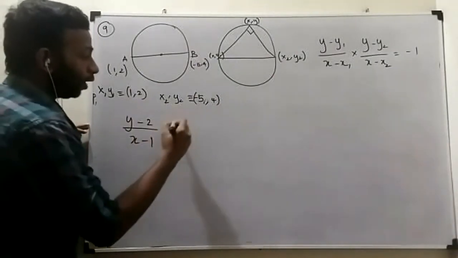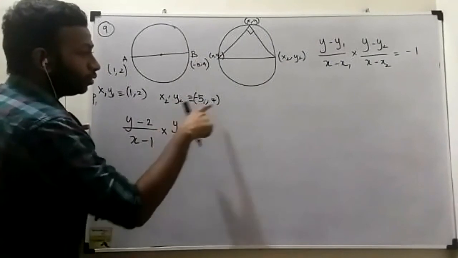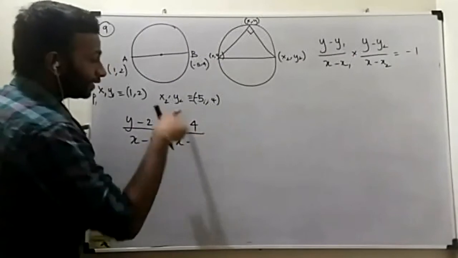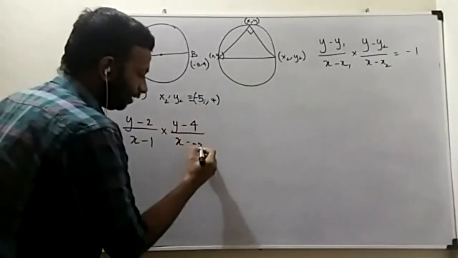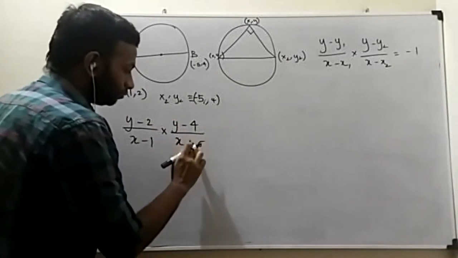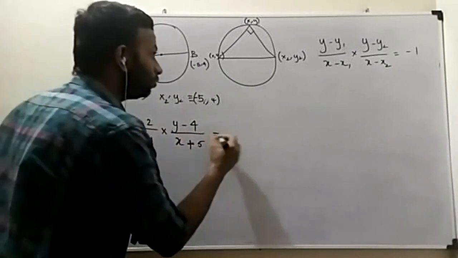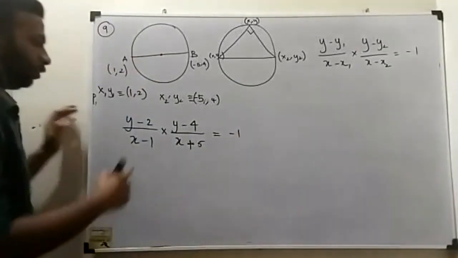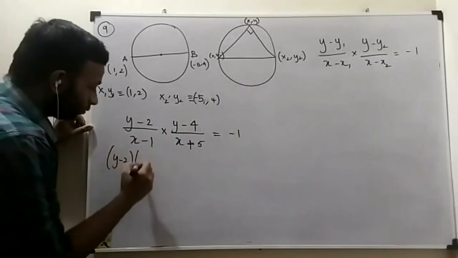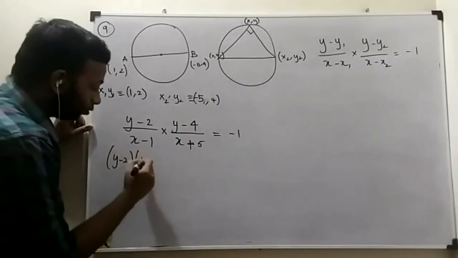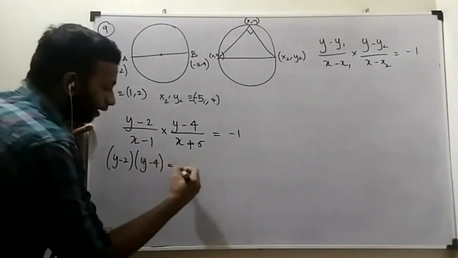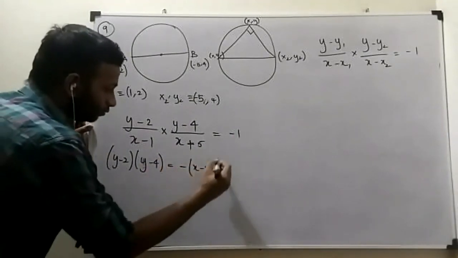Multiply this by y minus y2, which is 4, divided by x minus x2, which is minus minus 5, that can be written as plus 5. This is equal to minus 1. So if you simplify, (y minus 4)(y minus 2) is equal to minus (x minus 1)(x plus 5).